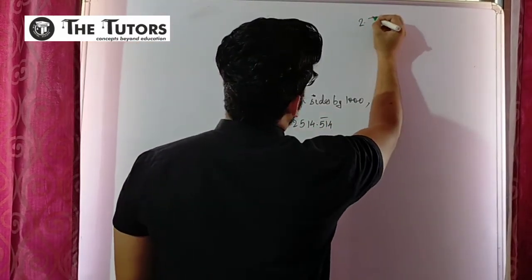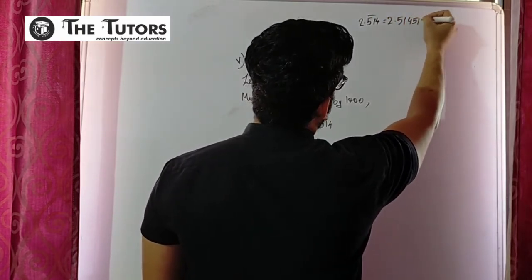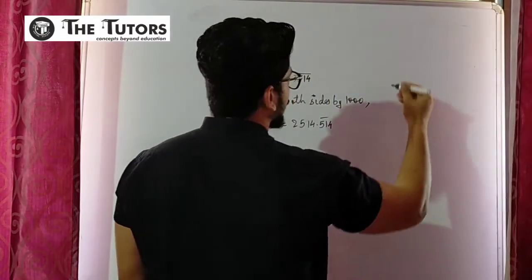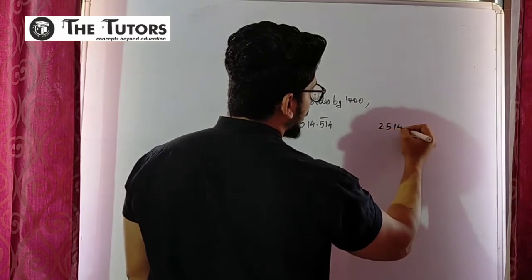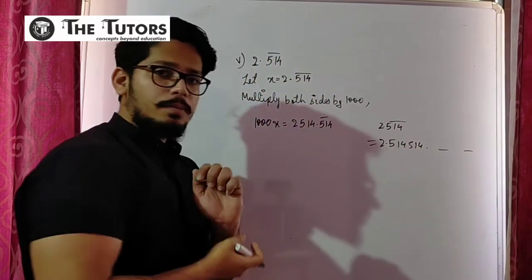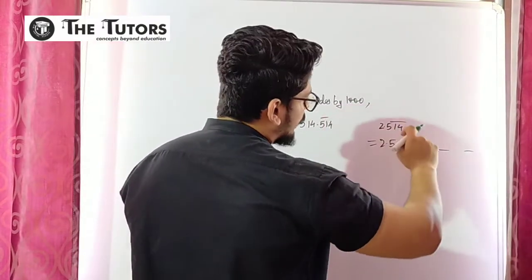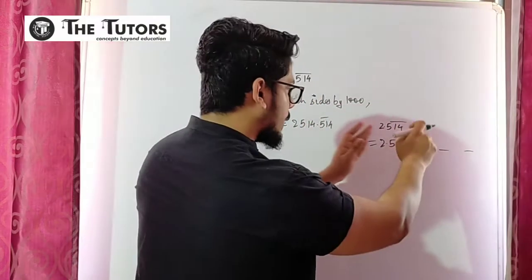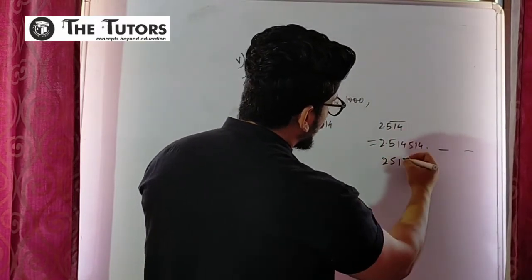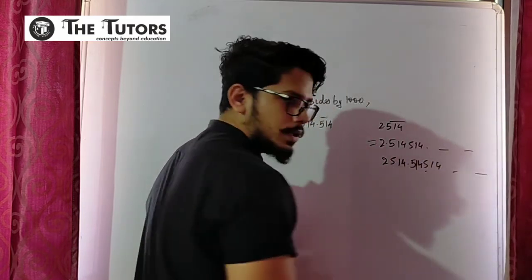Here your number is 2.514 bar, which is nothing but 2.514 dot dot dot. The series will keep going, 514 514 repeating again and again. But when I multiply it by 1000, the point shifts behind 5, then behind 1, then behind 4, which implies your number will go from 2.514 bar to 2514.514, and like this the series will go on.